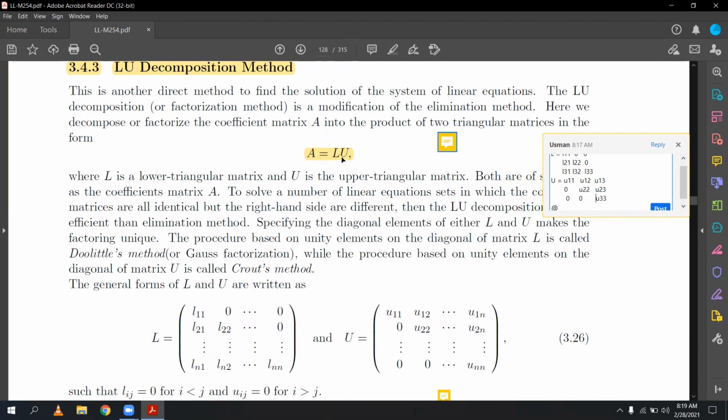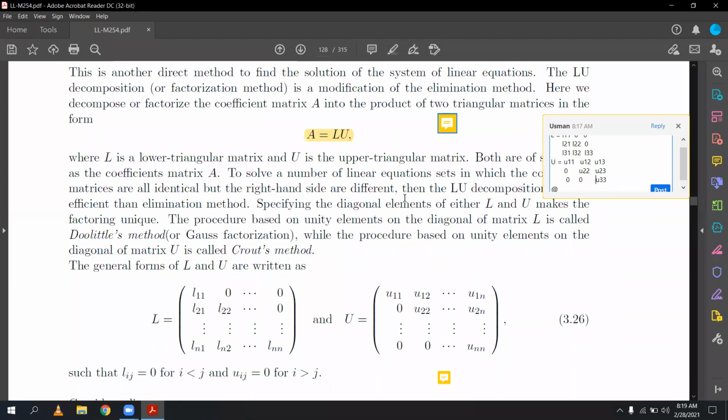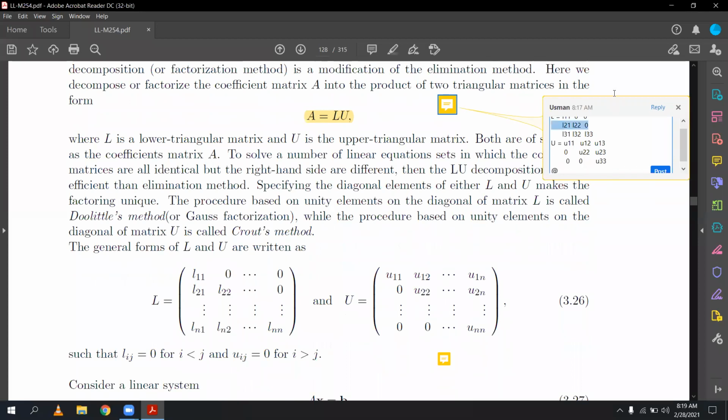Total unknown elements are 12, which does not look nice, in the sense that we know 9 elements of A and the unknown elements are 12. So this gives you a problem, it does not give you a unique solution properly. For this case, we have to do LU decomposition in 2 different ways.